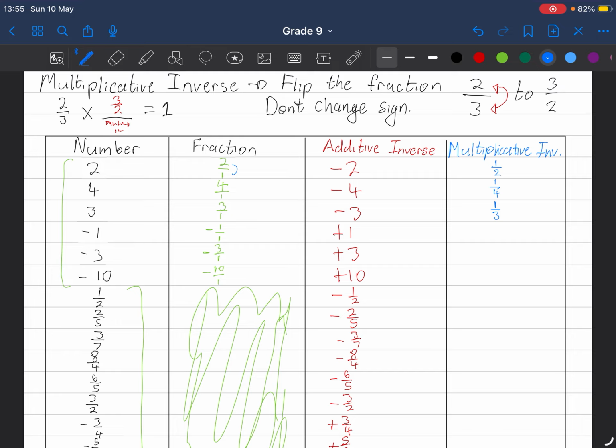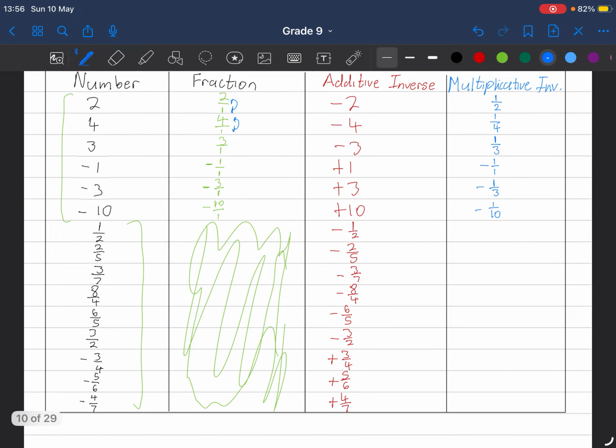All we're doing is flipping these fractions over here, and then we're getting those answers on the right. So negative 1 over 1, well, that's just going to be that. The next one is going to be negative 1 over 3, and last on this one is going to be negative 1 over 10.